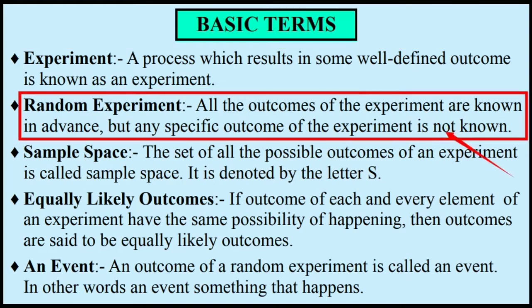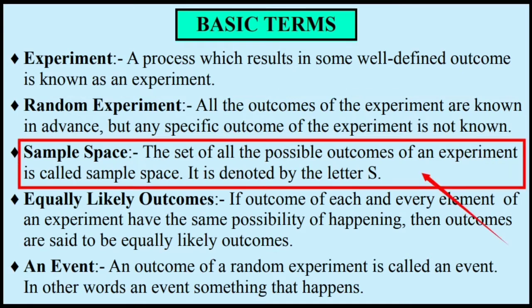If all the outcomes of the experiment are known in advance, but any specific outcome of the experiment is not known, then the experiment is called a random experiment. Next is sample space. The set of all the possible outcomes of an experiment is called sample space. It is denoted by the letter S.